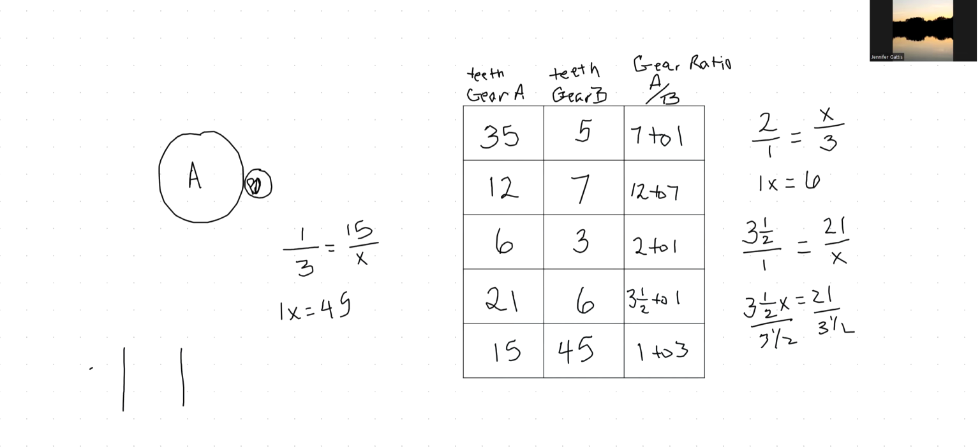So we can think about the rise and the run. And the pitch of the roof is going to be rise over run. And that is exactly the same as when we were doing our gear ratio.